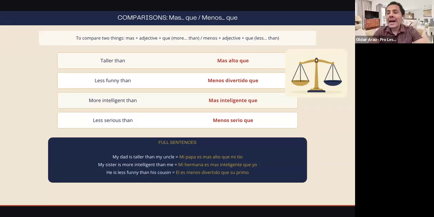Comparing it. Yeah, we gotta compare it. Él es menos divertido que su primo. All right. Or better said, I'm just thinking that sentence is a little bit clashing in Spanish. It would be his cousin is more gracious than him, rather than saying less. I think it would make more sense if you say is more.